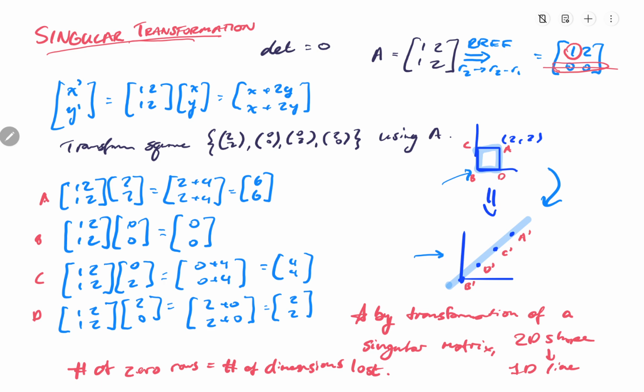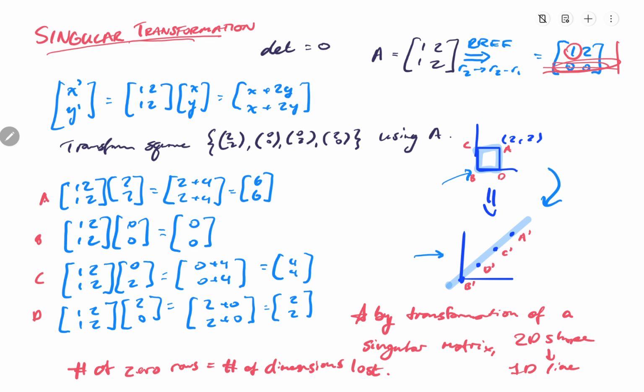Okay, so obviously there are infinitely many ways to write this, like the number of free variables in this matrix is equal to the number of variables lost, or the number of rows minus the number of leading ones also gives us the number of dimensions we are losing.